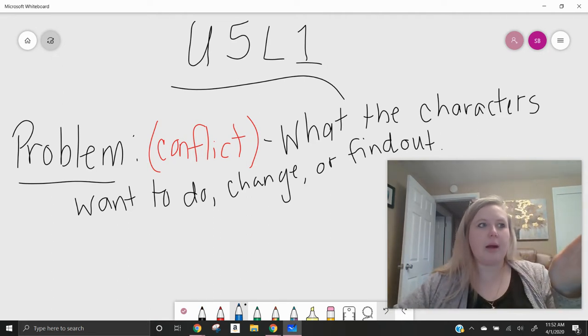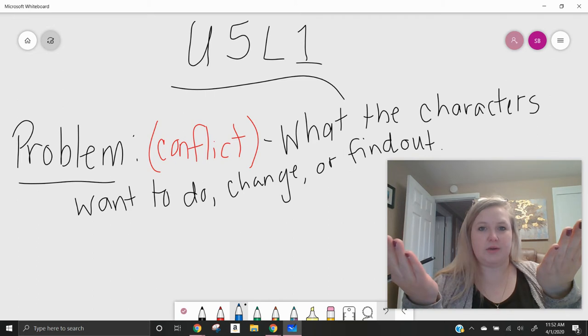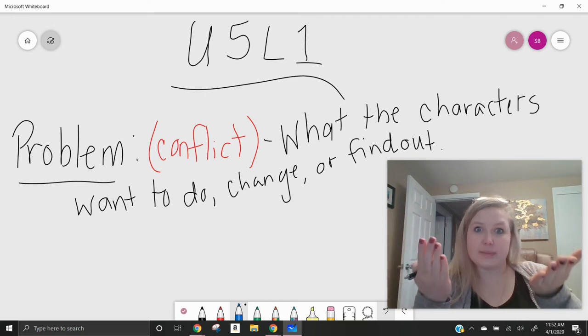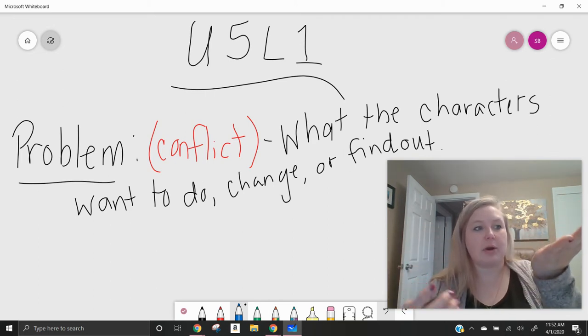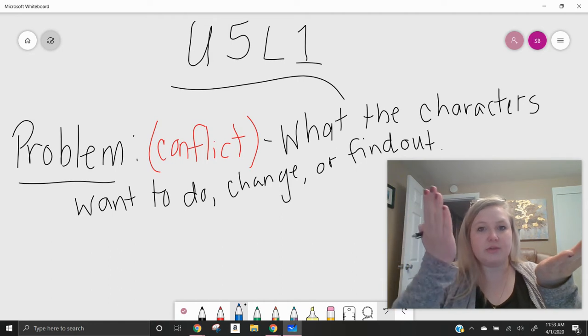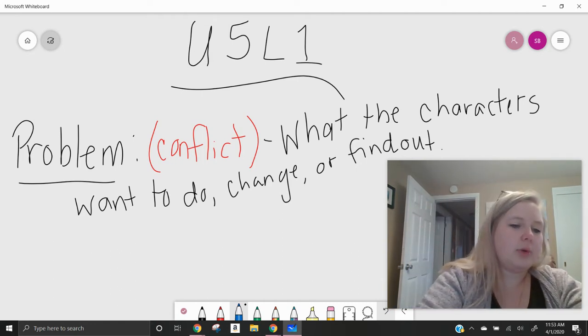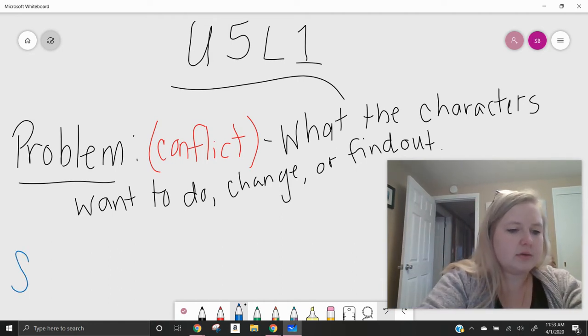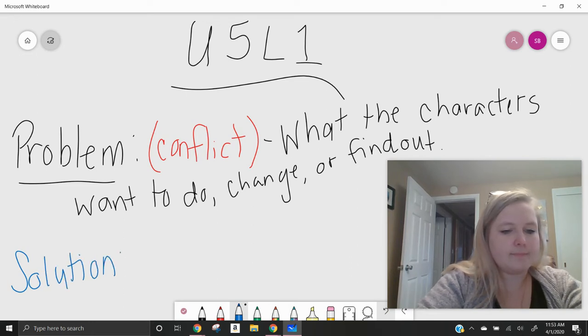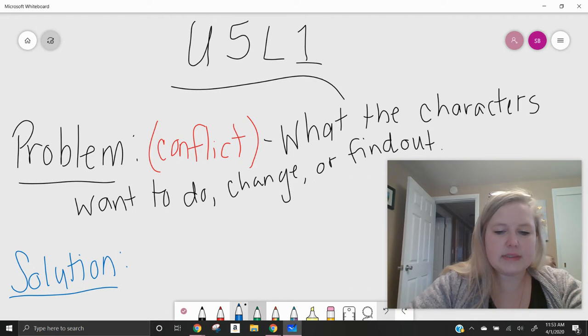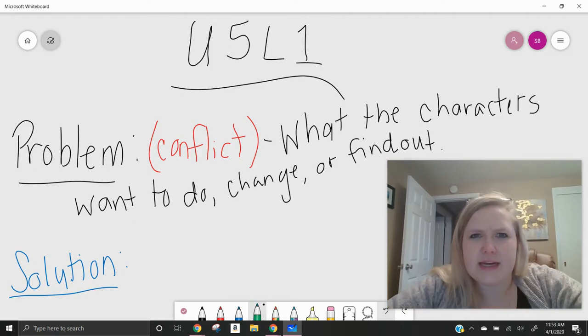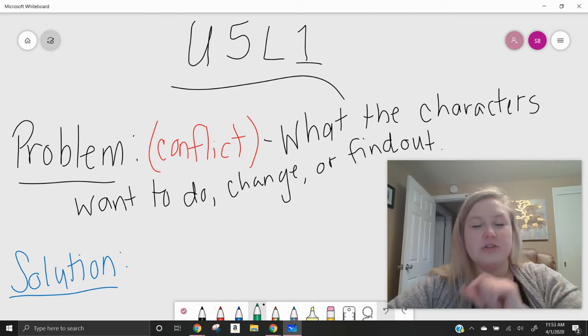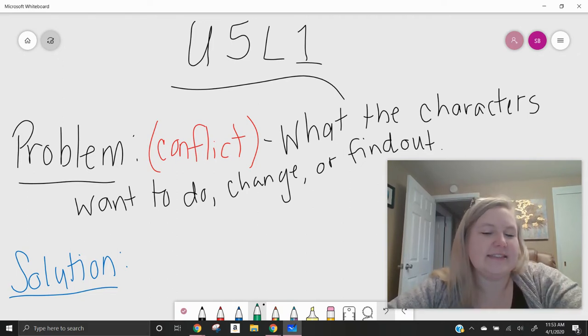Okay, so the opposite of the problem is the solution. So an antonym, opposite. The antonym to problem is solution. The antonym to solution is problem. So we are going to write down here solution. Now, I wish I could see your hands, but does anyone know the big word for solution? It actually has the word solution in it. Resolution.